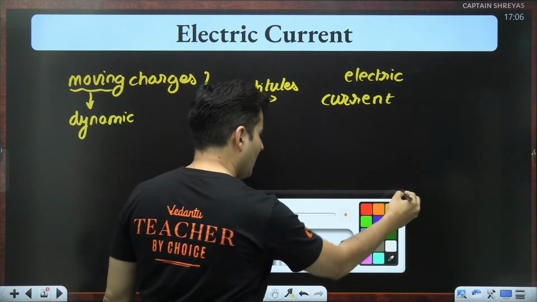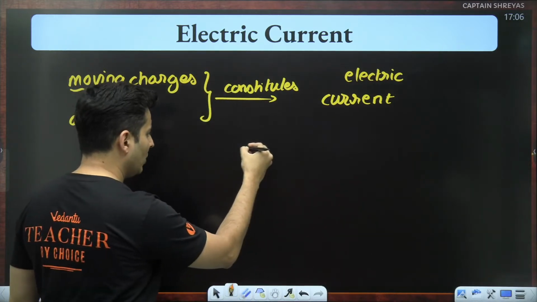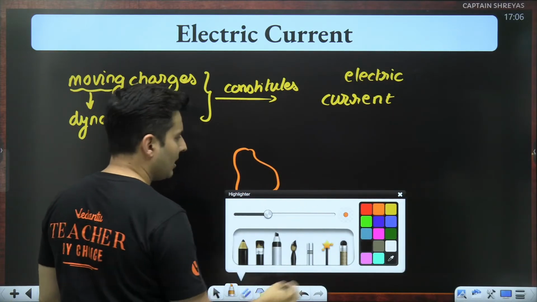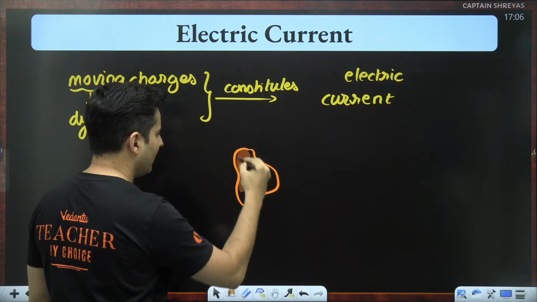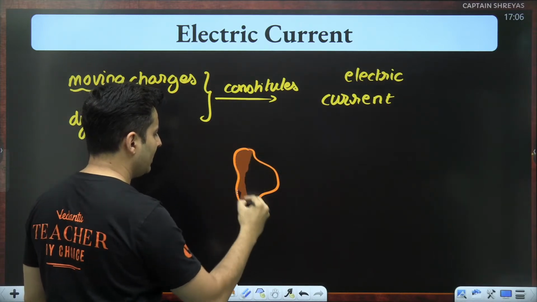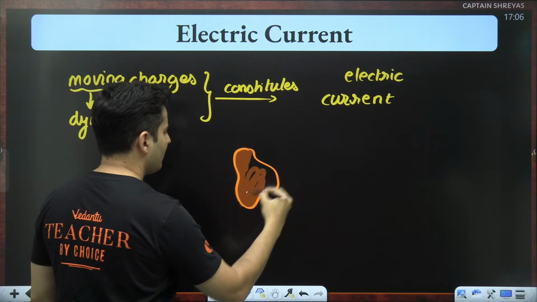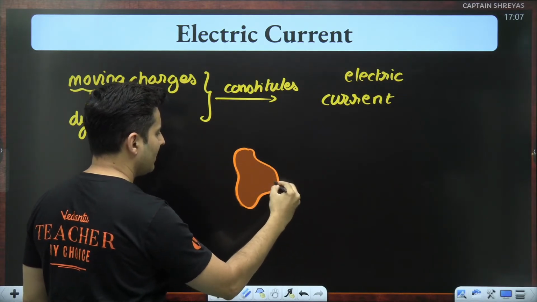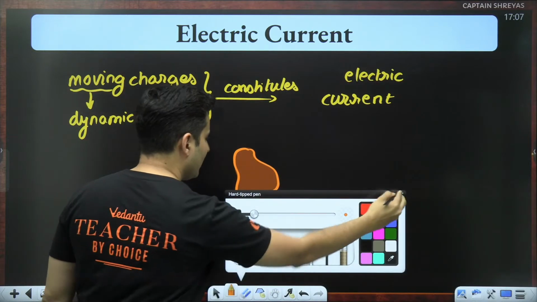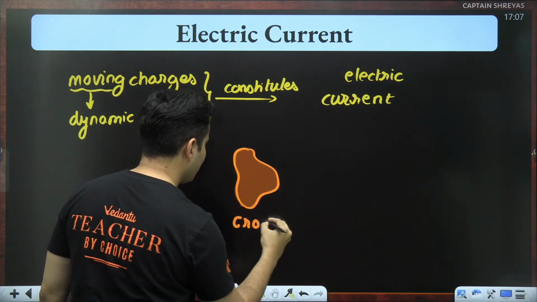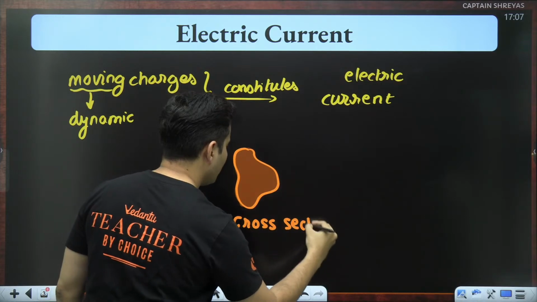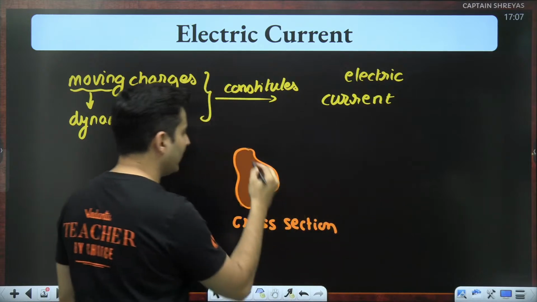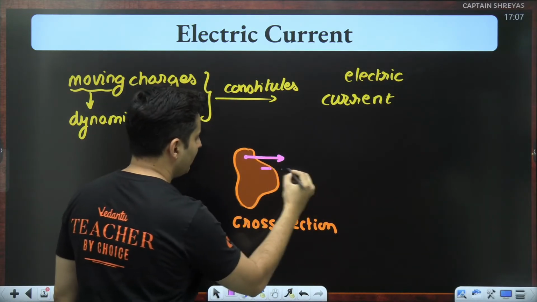Now, if you happen to look at an imaginary cross-sectional area, it could be of any shape and size, imaginary or real, doesn't matter. Through this cross section, some charges might pass through it.